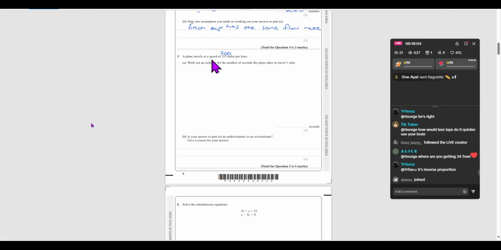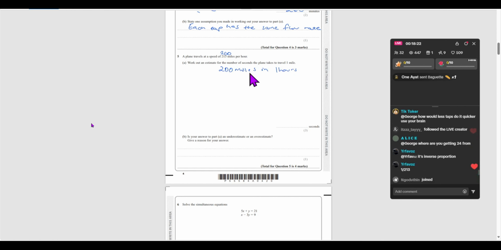So we're estimating, right? We know that it would travel 200 miles in 1 hour if it goes at this speed.